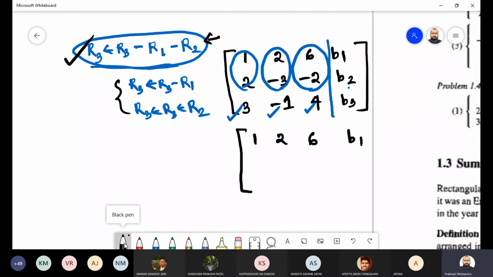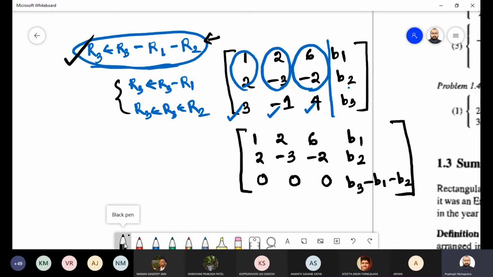Then 2, minus 3, minus 2, b2. Next, 3 minus 1 minus 2 is 0. Then minus 1 minus 2 plus 3 is also 0. Then 4 minus 6 plus 2 is also 0. Next, b3 minus b1 minus b2.